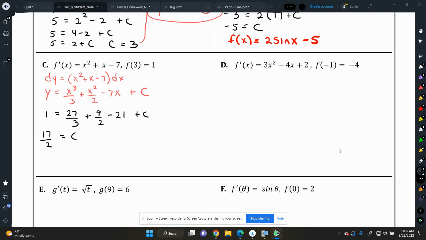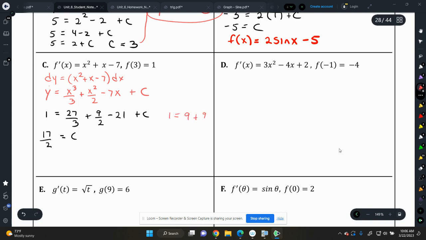What's the question, Faith? It doesn't matter. I did not get 17. What did you get? I got 55 or negative. Okay, but I did all of that up until 1 equals 9 plus 9 halves minus 21. So 9 minus 21 is negative 12.